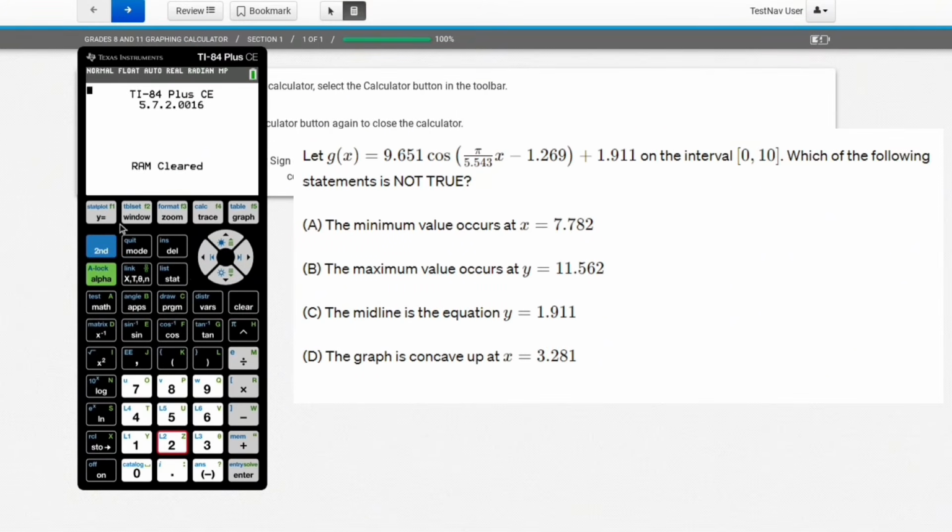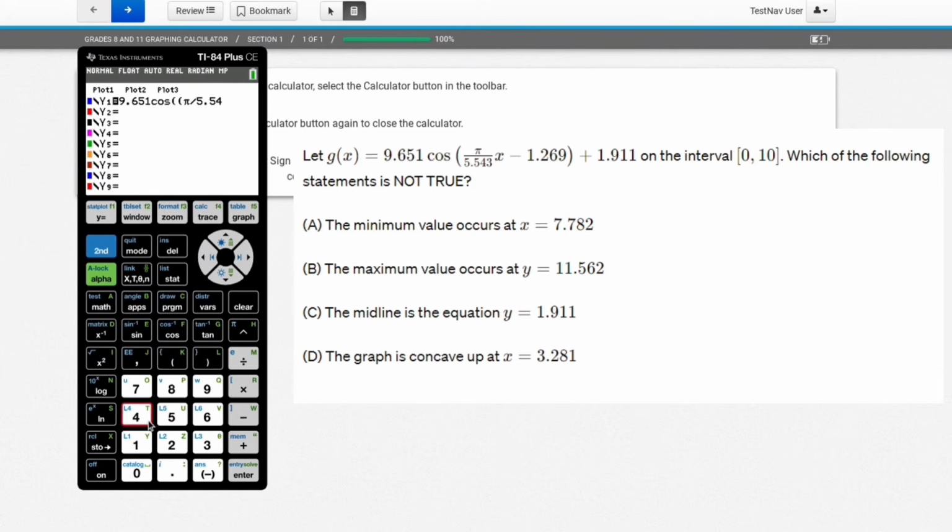All right, let's graph this really gross equation. We've got y equals 9.651. Here's my cosine. It automatically pops up a parentheses. I'm really paranoid with fractions, so I'm just going to put a parentheses there for the fraction. Probably not necessary, but I'm afraid if I don't do this and I attach x, it's going to think that my x belongs in the denominator, which I definitely don't want.